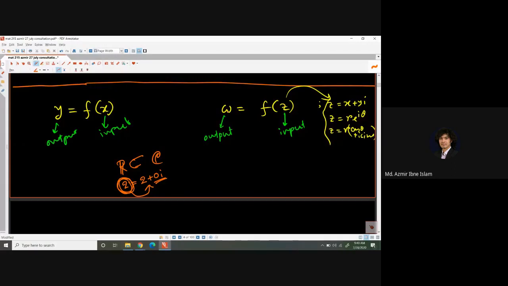So f of z equal to w. What I have said is that w equal to f of z, if z is a complex number, w will also be a complex number.